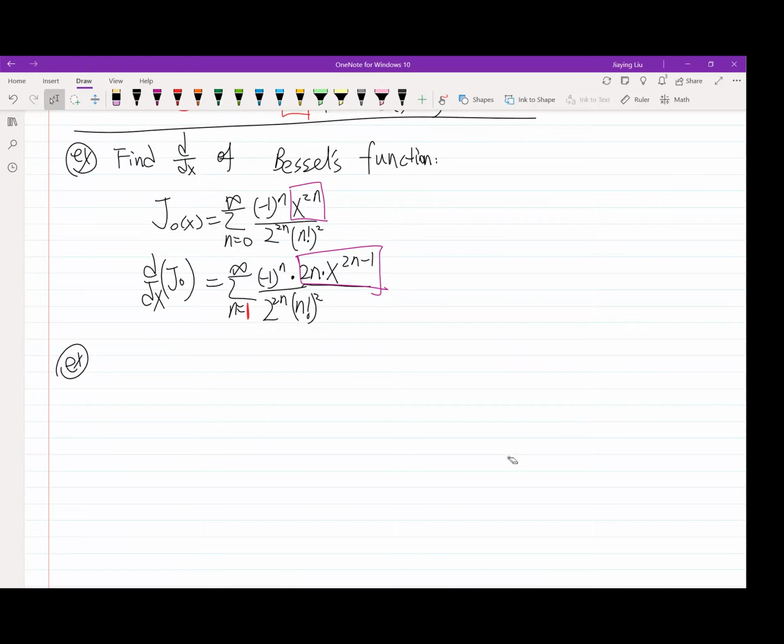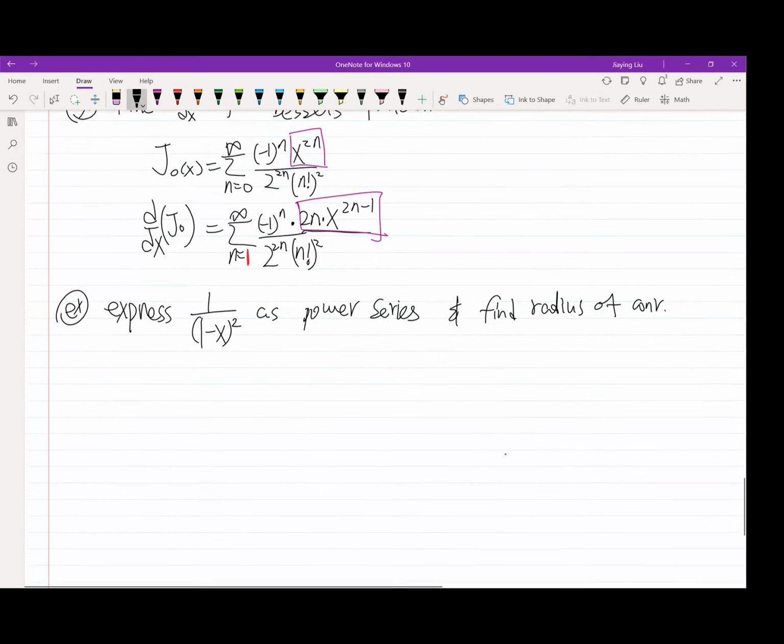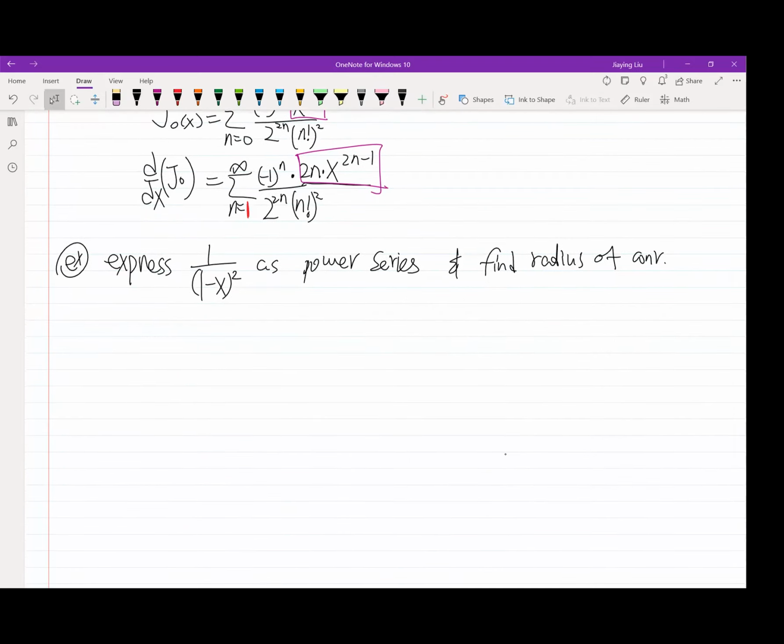So here's the second example I have. The second example is: express the function 1 over (1 minus x) squared as a power series and find the radius of convergence. Well, you can try.